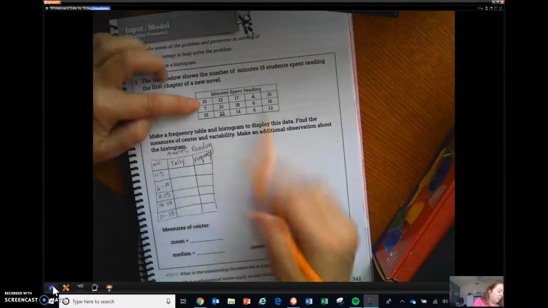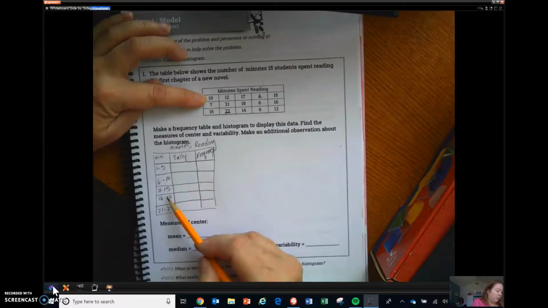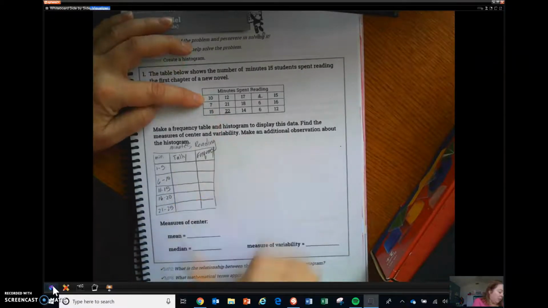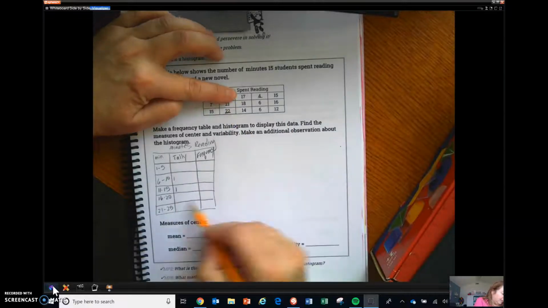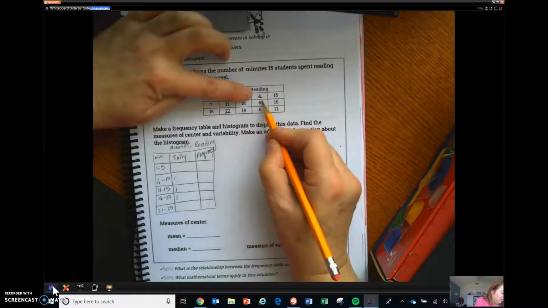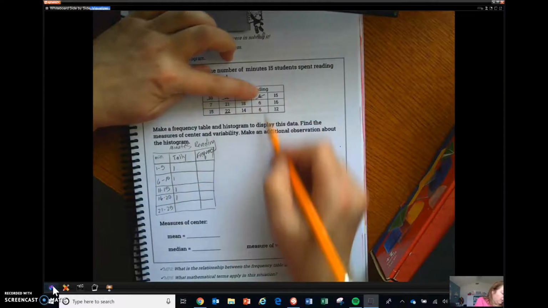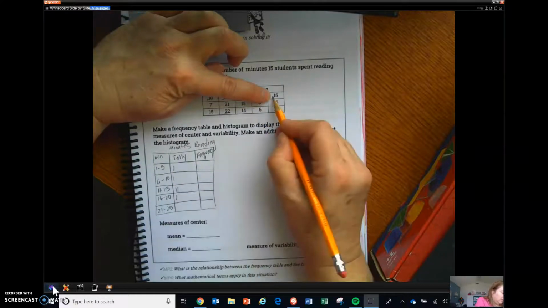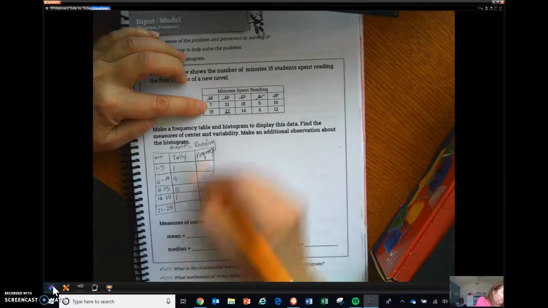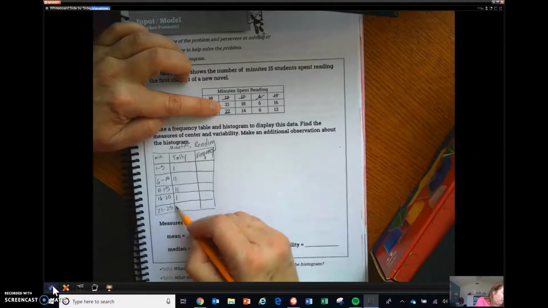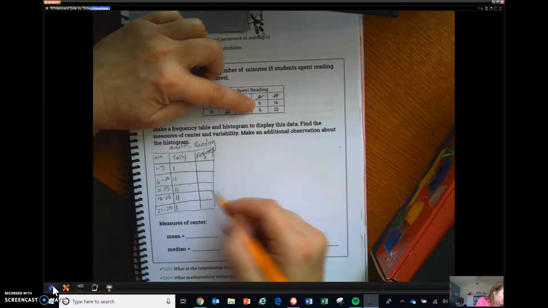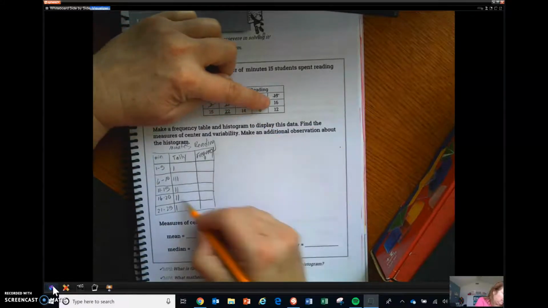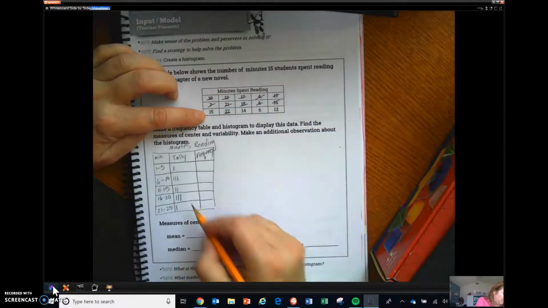I'm just going to go through, and wherever it falls in this category, I'll put a tally mark. So 10 falls between 6 and 10. 12 would go here. 17 would go here. 4 would go here. 15 here. 7 would be here. 21 would be here. 18. 6. 16. 15.